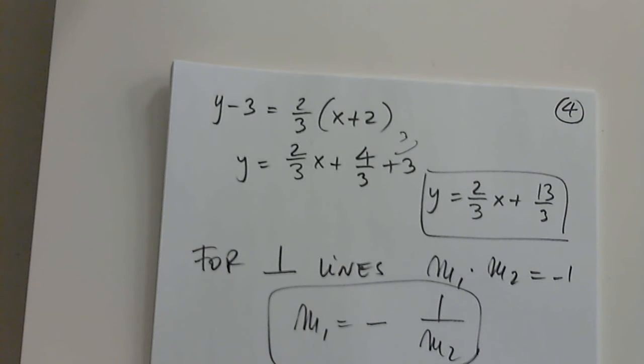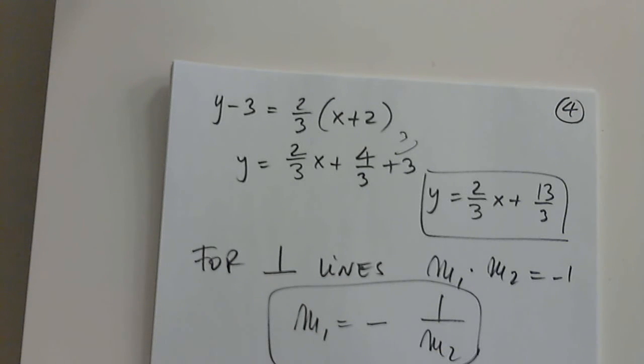If you cross multiply, you're going to get this. So instead of me telling you the negative multiplicative inverse of the first slope, I'll say the product is -1. So if this one is 2/3, the other one must be -3/2.